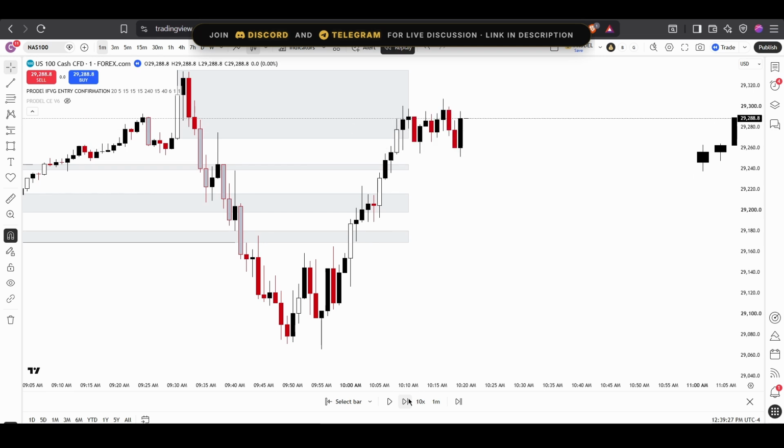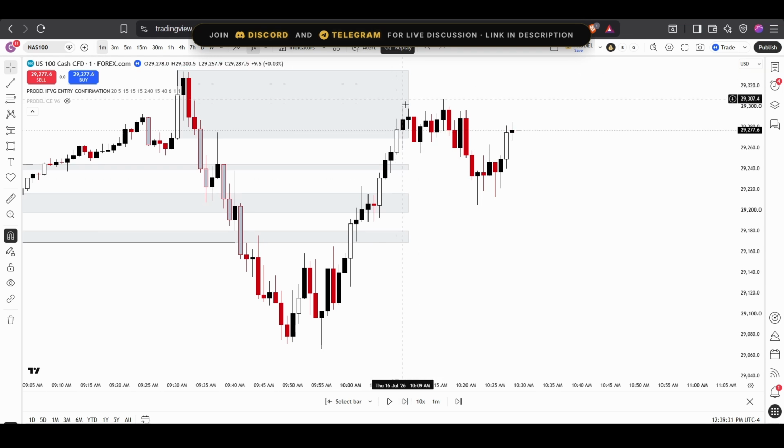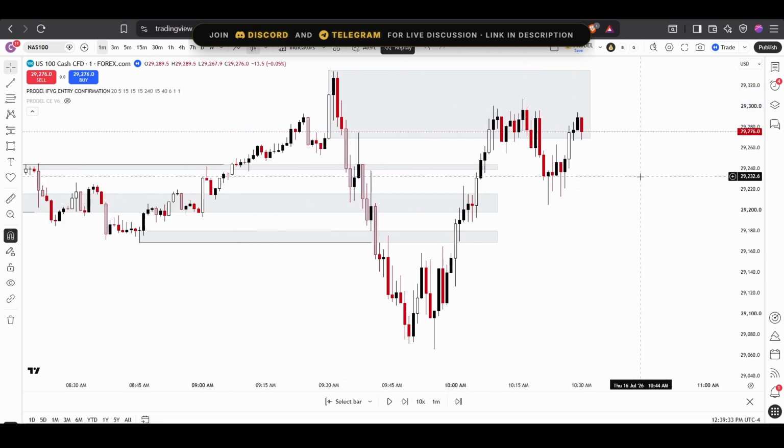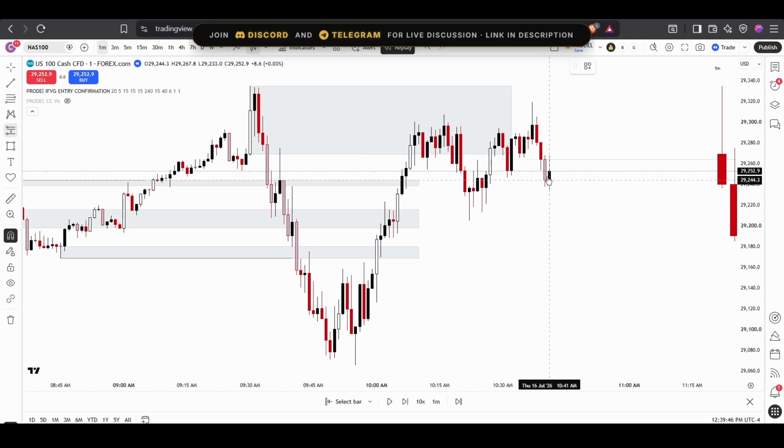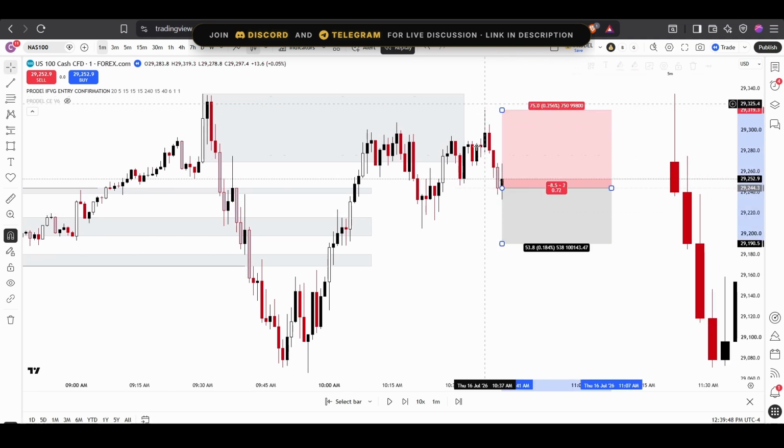Let's wait for the inverse fair value gap. The market again touched that structure, touched that apex level, and it formed the brown candle here, and SL at this point.